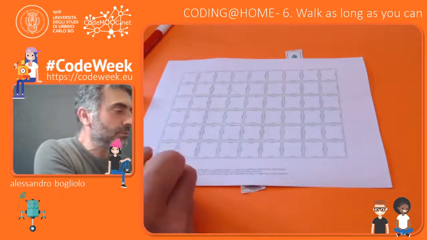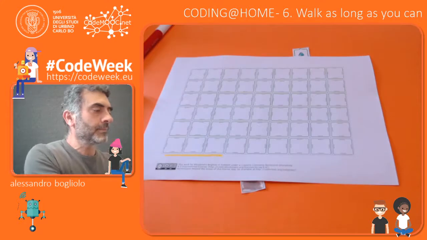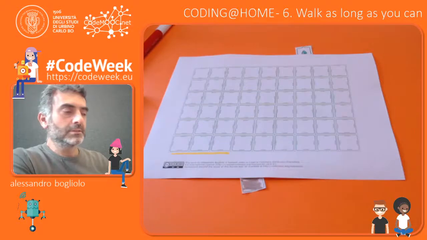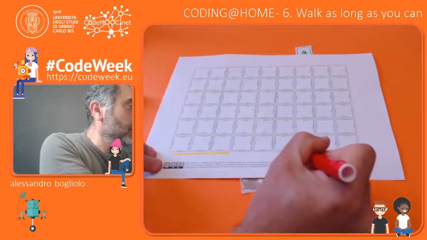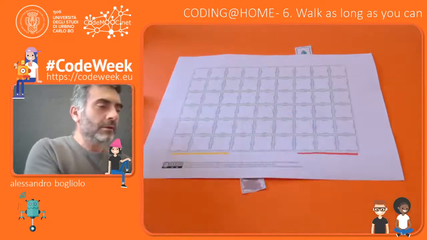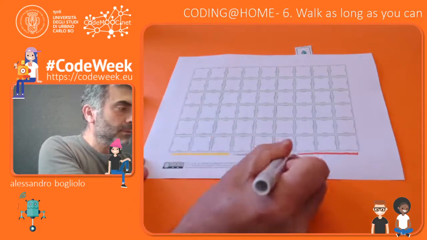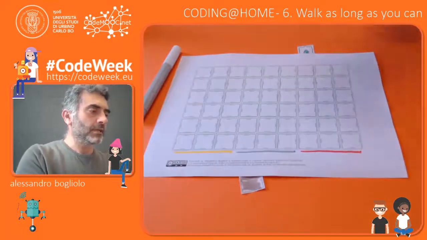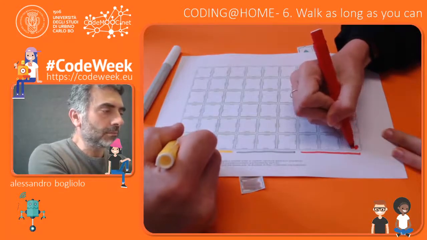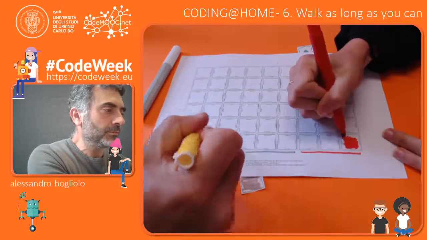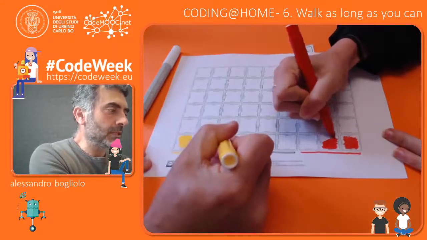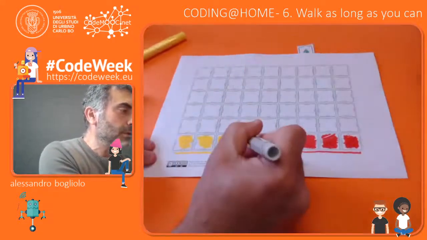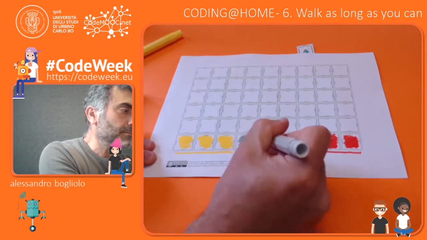So for instance, we could decide to color these 3 columns with yellow, use red for these 3 and gray for these ones. And Anna, can you please take care of some of them? We are not going to color all of them, but just a few. For instance, just a complete row with the 3 colors.